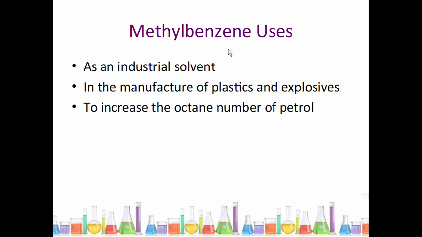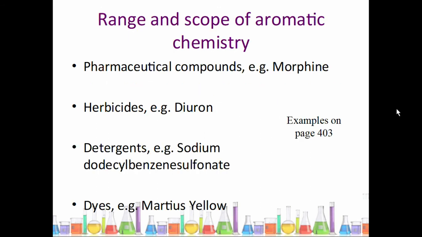So methylbenzene is used as an industrial solvent instead of benzene. It's used in the manufacture of plastics and explosives, and it can be added to petrol to increase the octane number.